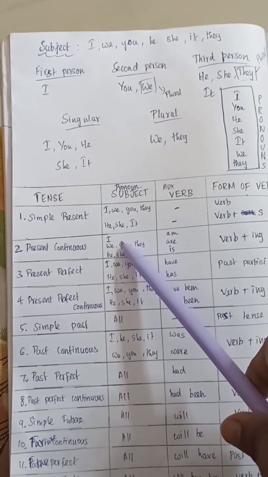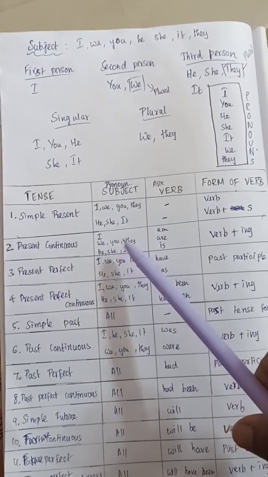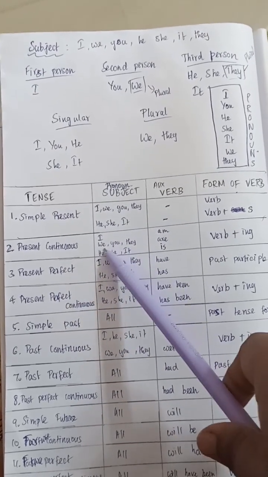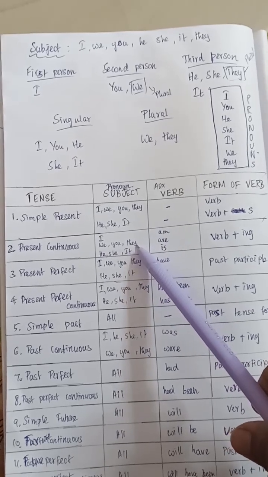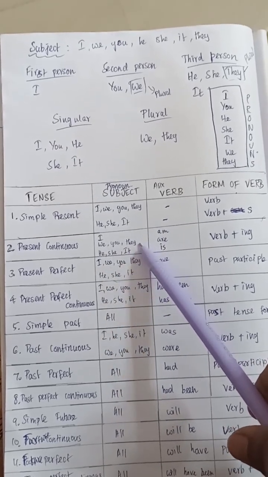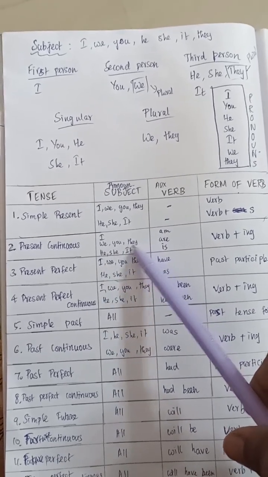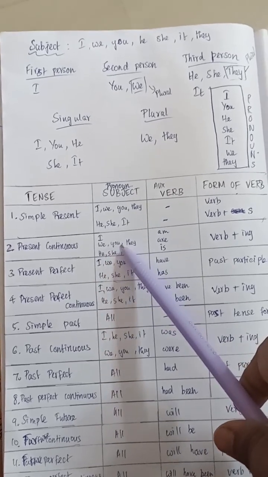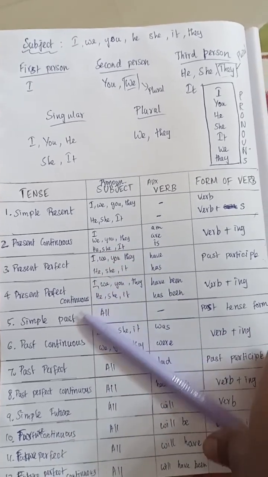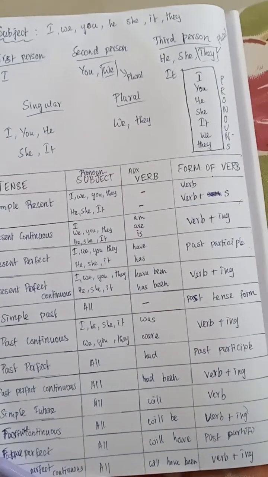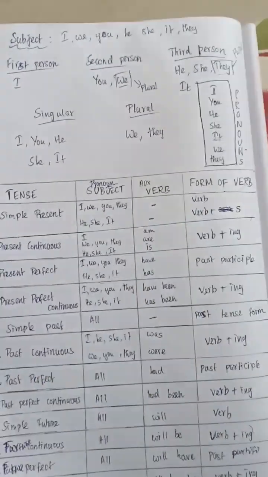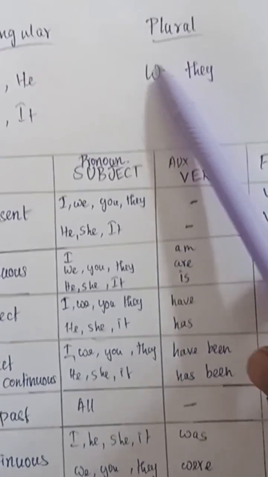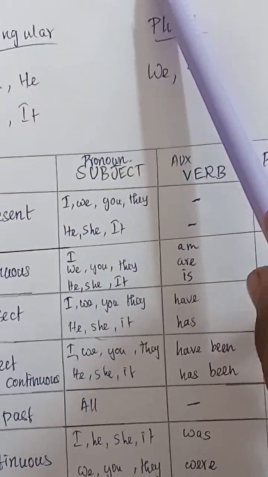The next ones are we, you, and they. These three are plural, but the you form comes as plural because when two people are talking, actually that's not plural, it is second person.